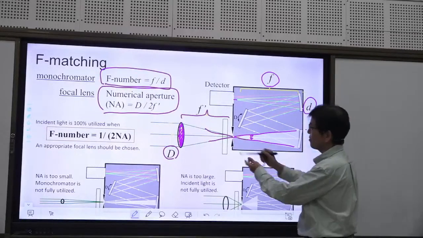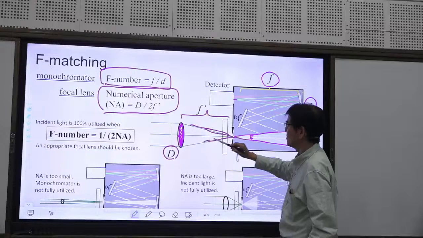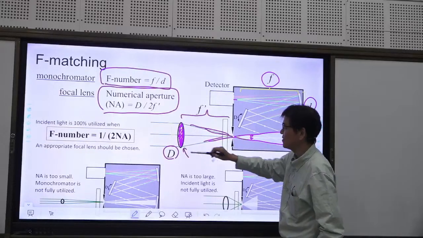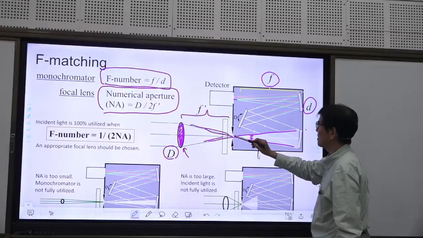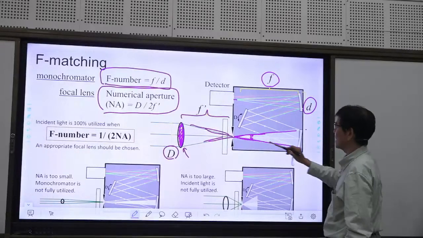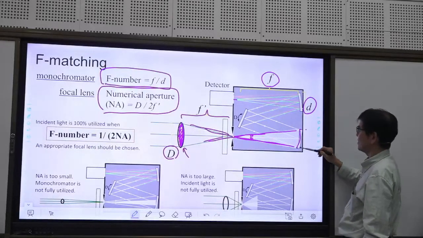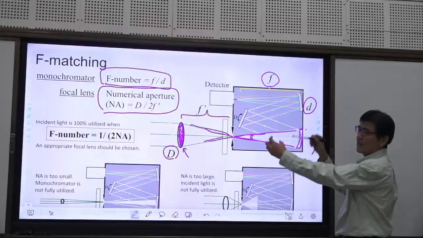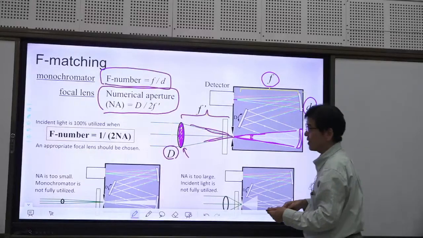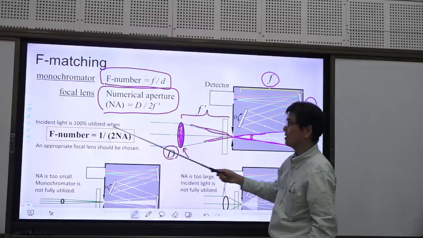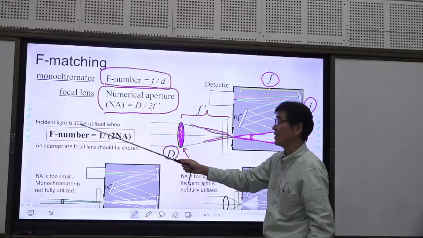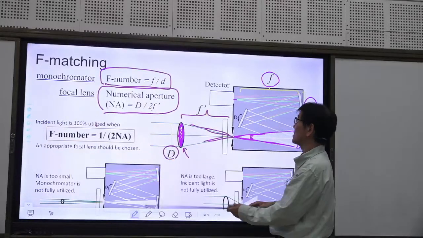So the converging angle determined by this lens and the diverging angle covered by this mirror should be identical. Then the incident light is 100% utilized and delivered to the detector.